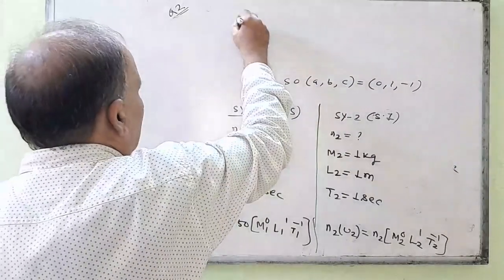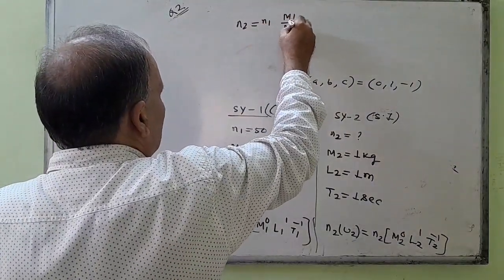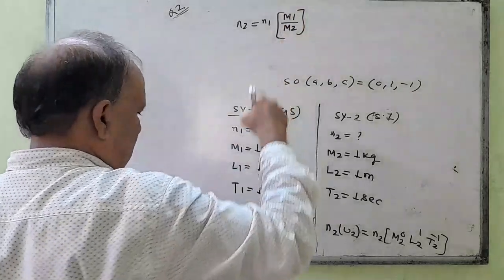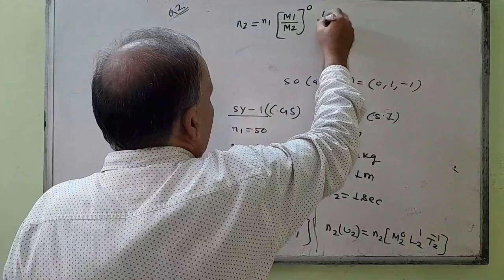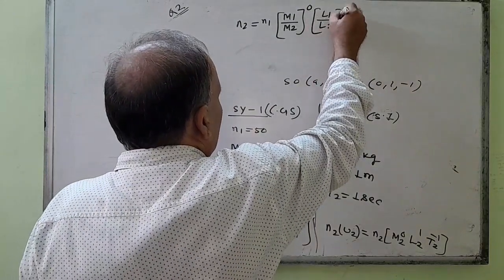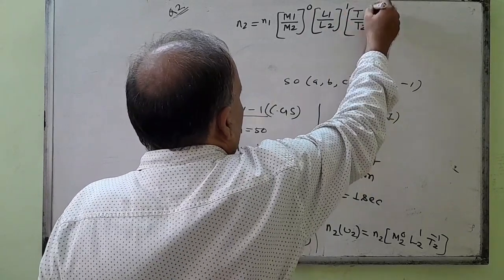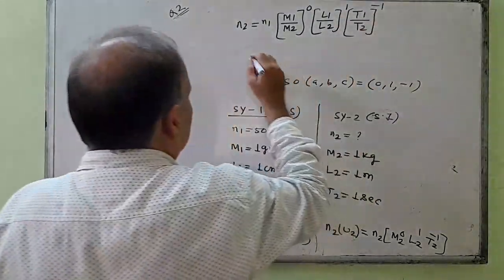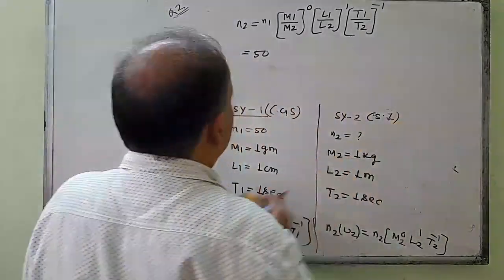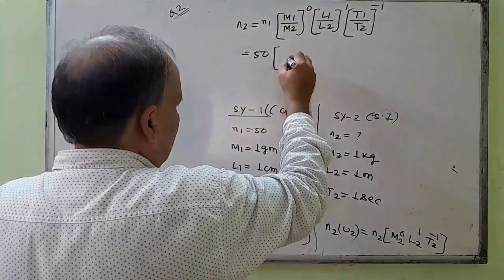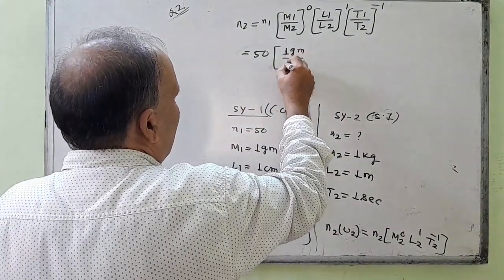Here N2 is equal to N1, M1 by M2 whole to the power 0, L1 by L2 whole to the power 1, T1 by T2 whole to the power minus 1. Here you see it is your 50 and here M1, M1 is equal to 1 gram by 1 kg.